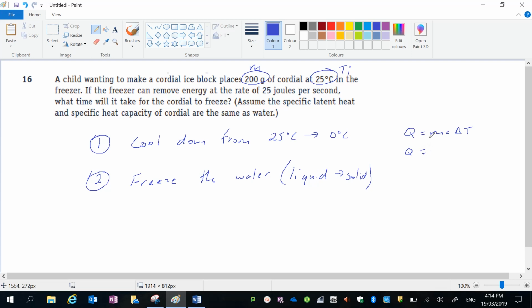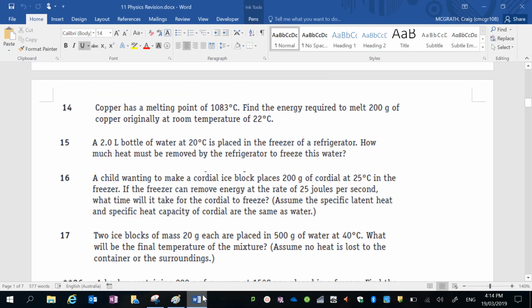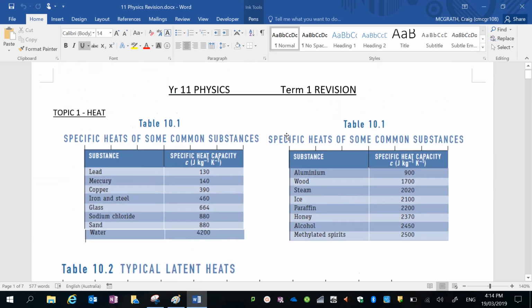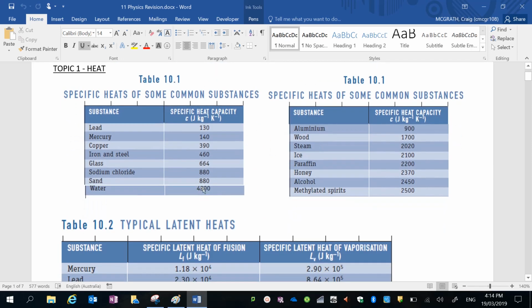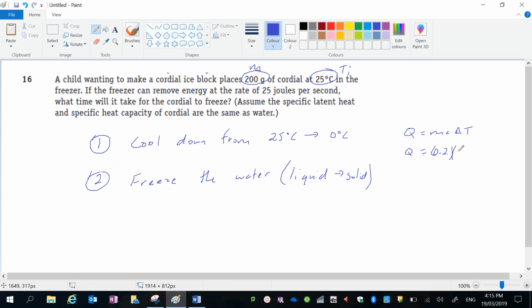So it's the mass, which is 200 grams, that's 0.2 kilos, times the specific heat capacity of water, which is 4,200, times the change in temperature.